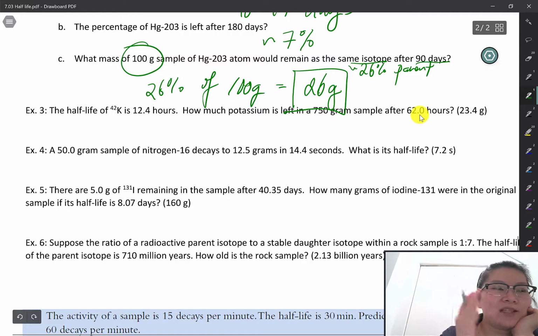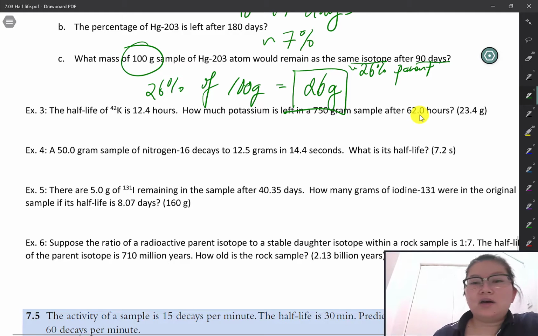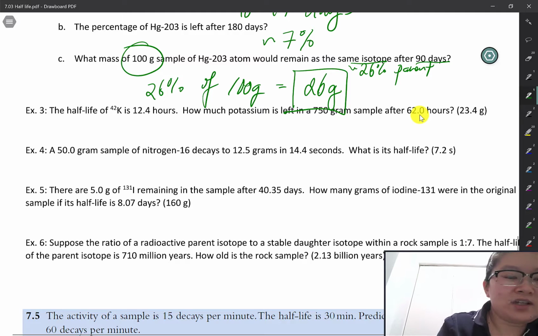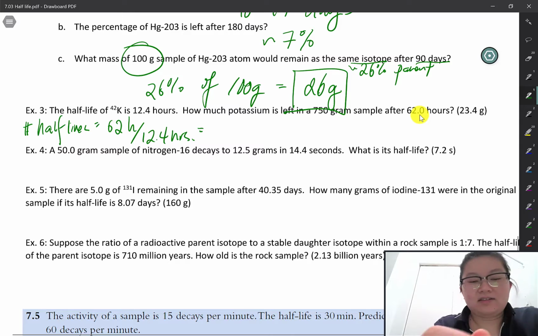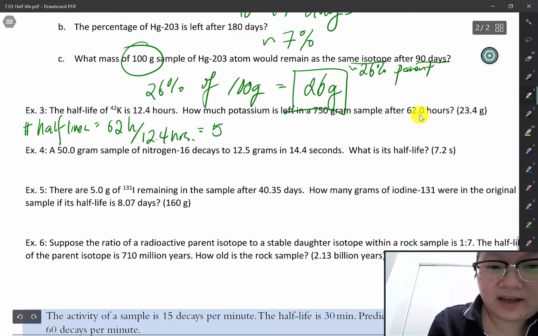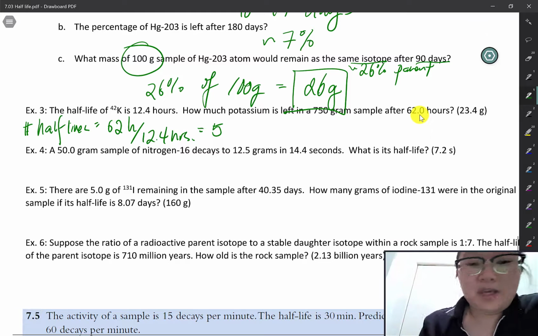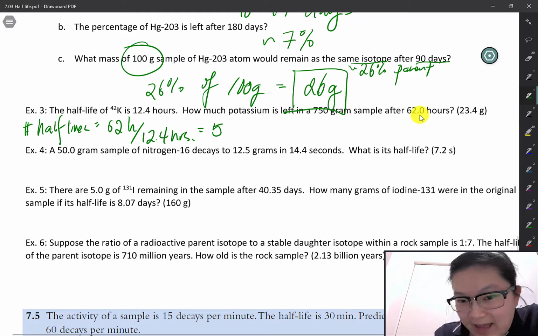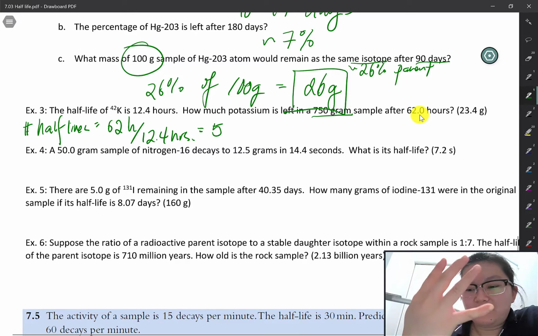That's 62 hours divided by 12.4 hours, which is exactly 5 half-lives.